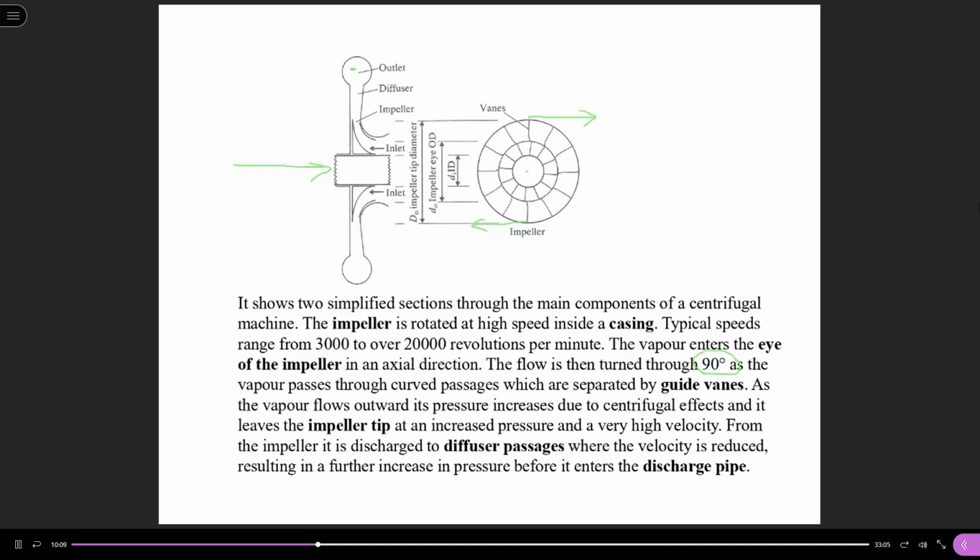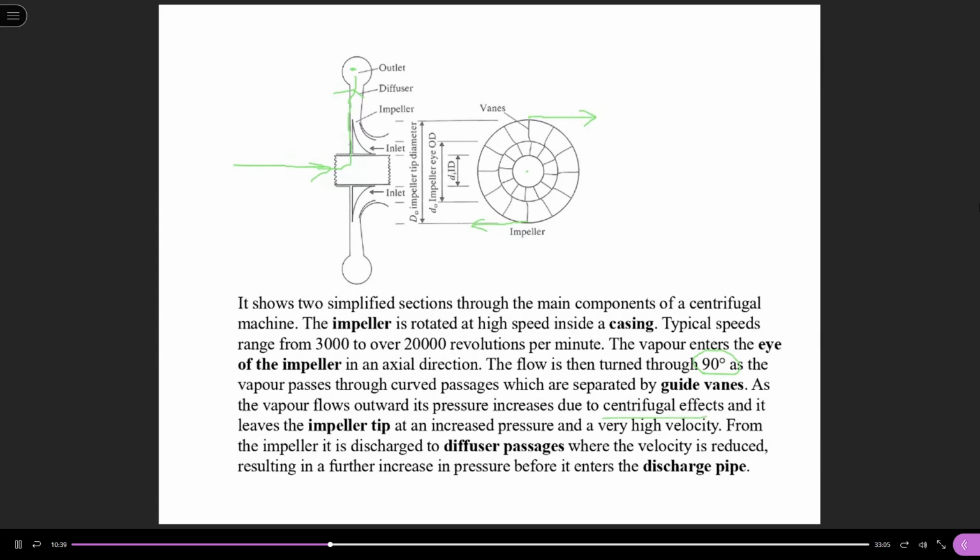The vapor flows outward, and as it is turned through 90 degrees, its pressure increases due to the centrifugal effects.